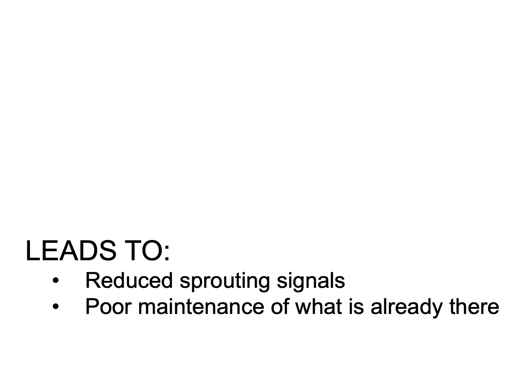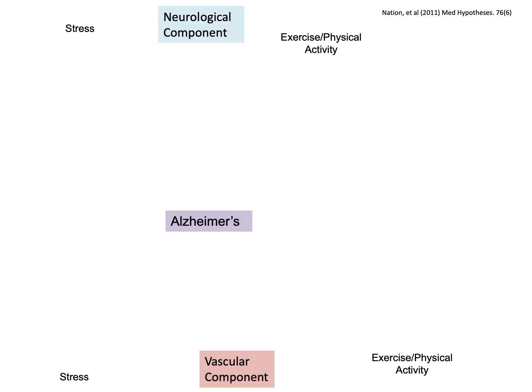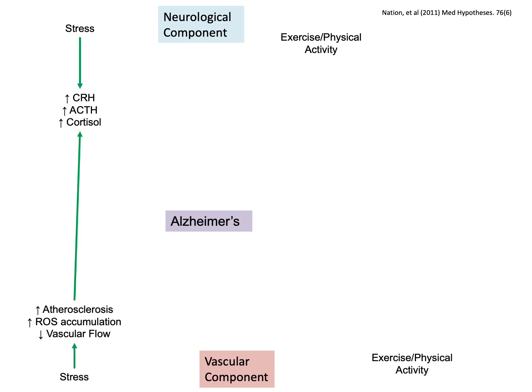And so how does this all lay out? Let's look at it as it relates to one of the more common neurodegenerative diseases, Alzheimer's, where as we start having increases of stress, we get stress hormones, and we get accumulations of ROSs and atherosclerosis.